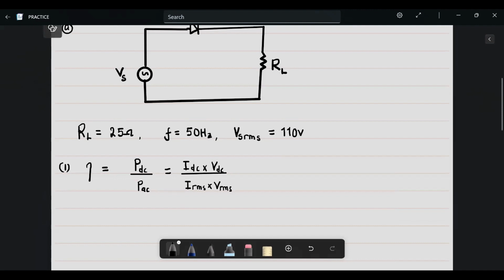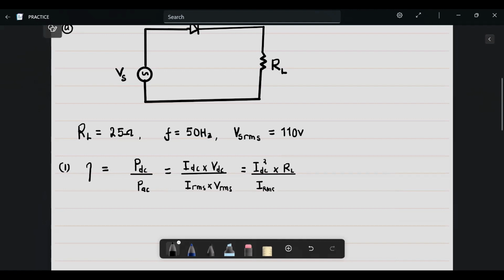If you have all this information, you can calculate. But what if you have just one of those? You know that power is the same as I squared R. So this will be I DC squared times the resistor, which is the load RL, divided by I RMS squared times the same load resistor RL.